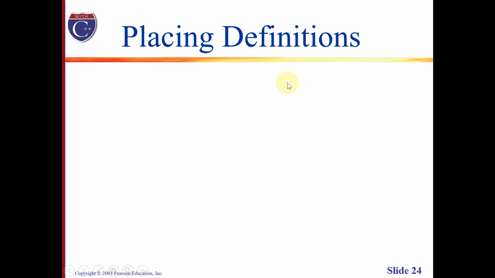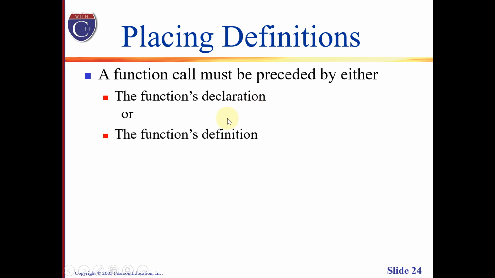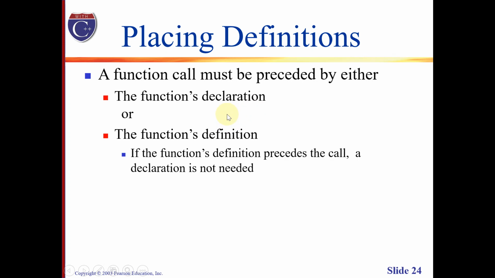So how do we properly place our definitions? Of course, a function call must be preceded by either the function's declaration or the function's definition. If the function's definition precedes the call, a declaration is not needed.